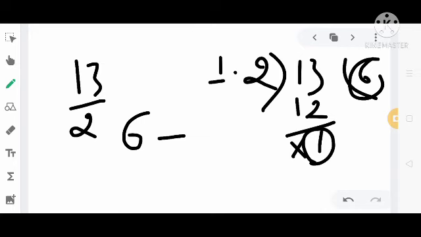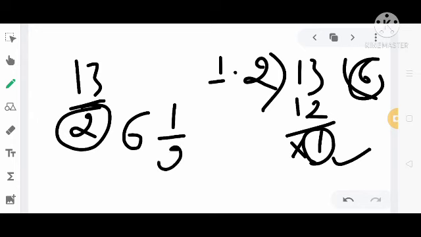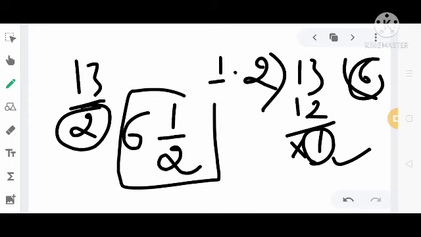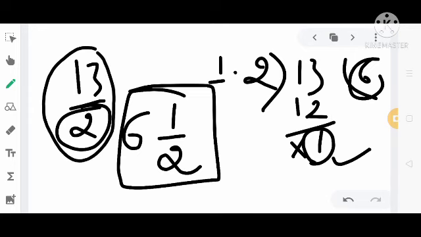The numerator of the proper fraction will be your remainder. The remainder is 1, so 1 will be the numerator of the proper fraction. And the denominator will always be the same, 2. This is the conversion of the improper fraction 13/2 into the mixed fraction 6 whole 1/2.